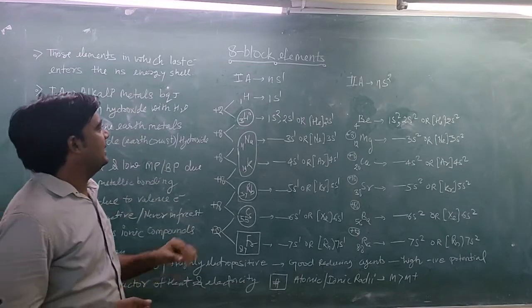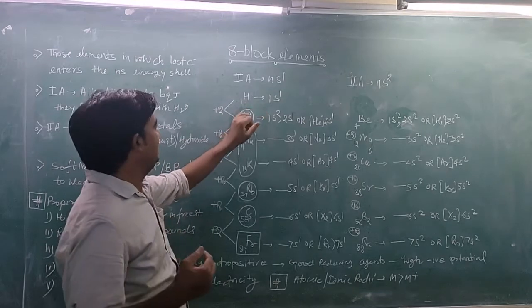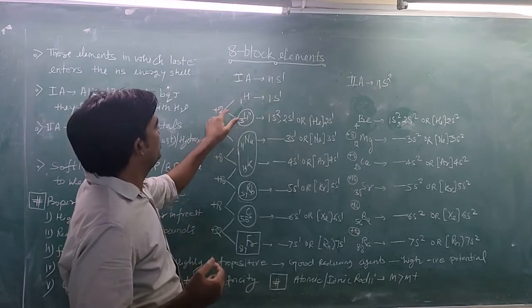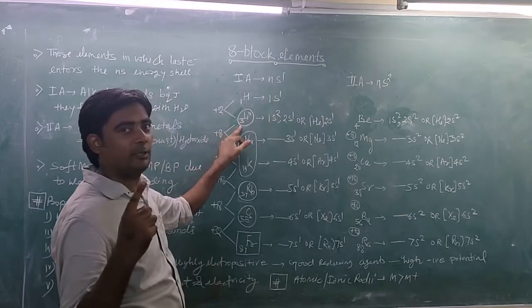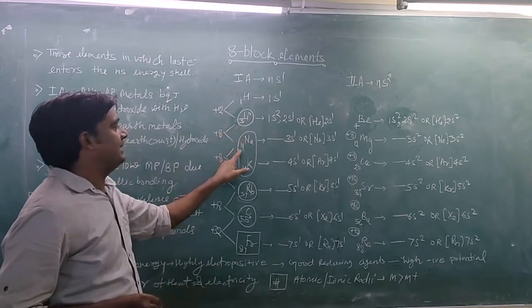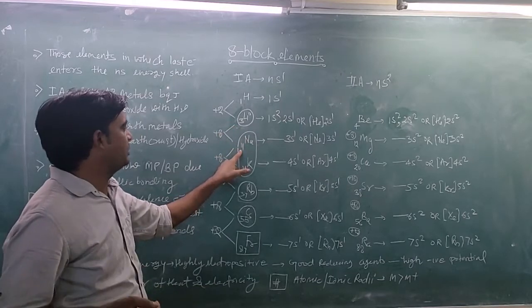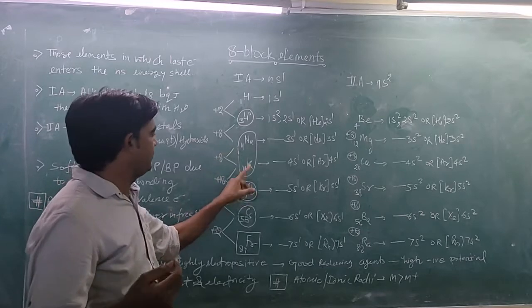The atomic number of hydrogen is 1, and if you add 2 to the atomic number of hydrogen, you will find 3, the atomic number of lithium. Similarly, add 8 to 3, you will find 11 for sodium, then add 8, you will find 19 for potassium.